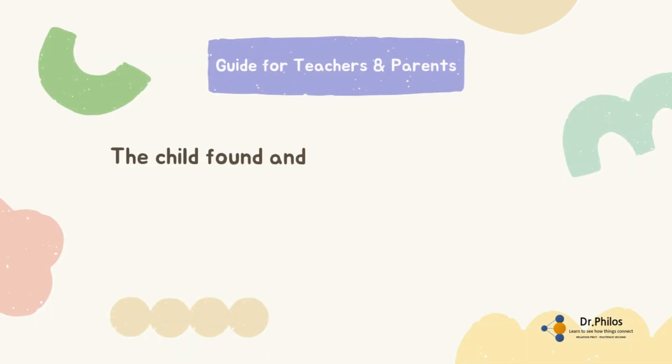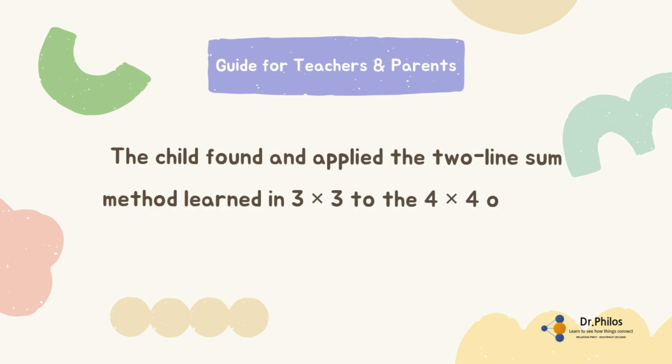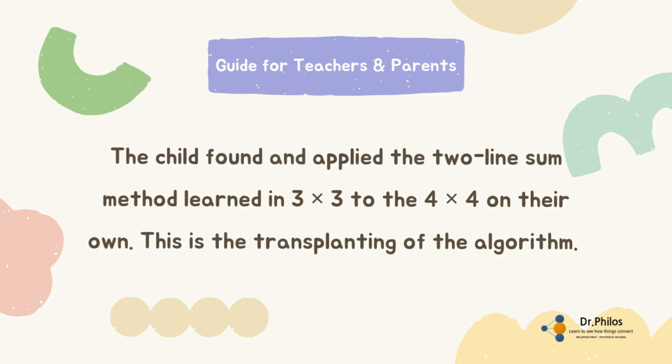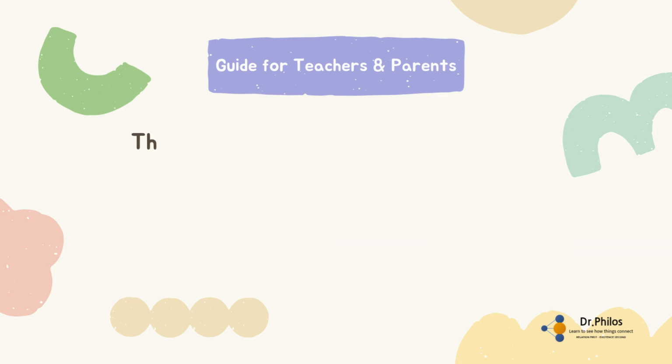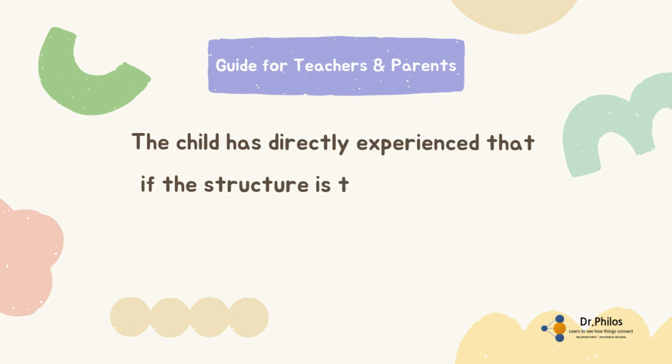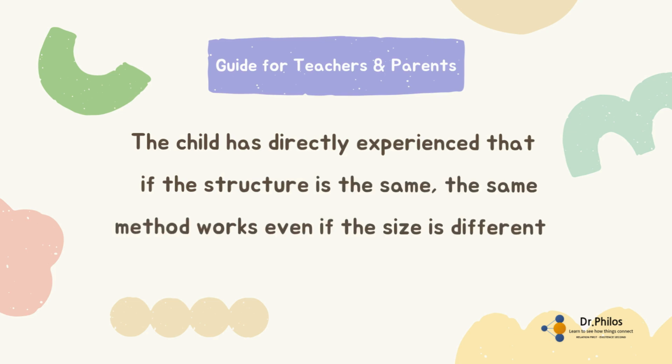The child found and applied the two-line sum method learned in 3x3 to the 4x4 on their own. This is the transplanting of the algorithm. The child has directly experienced that if the structure is the same, the method works, even if the size is different. Please fully acknowledge this.